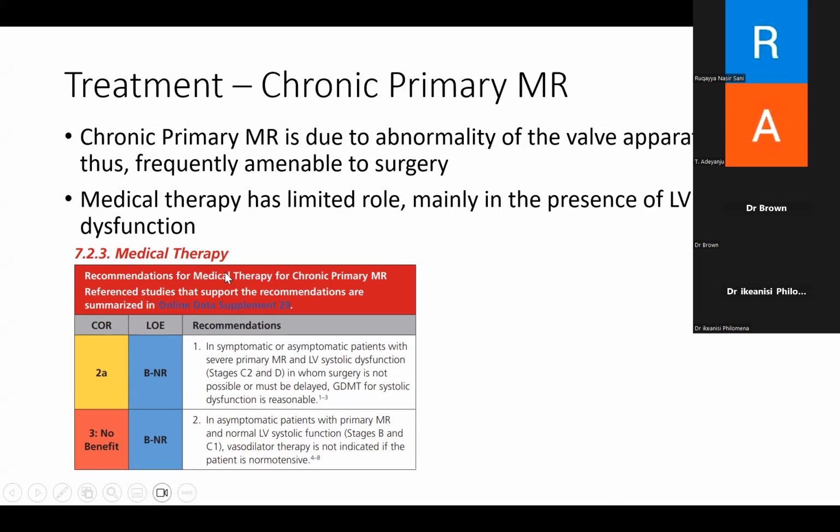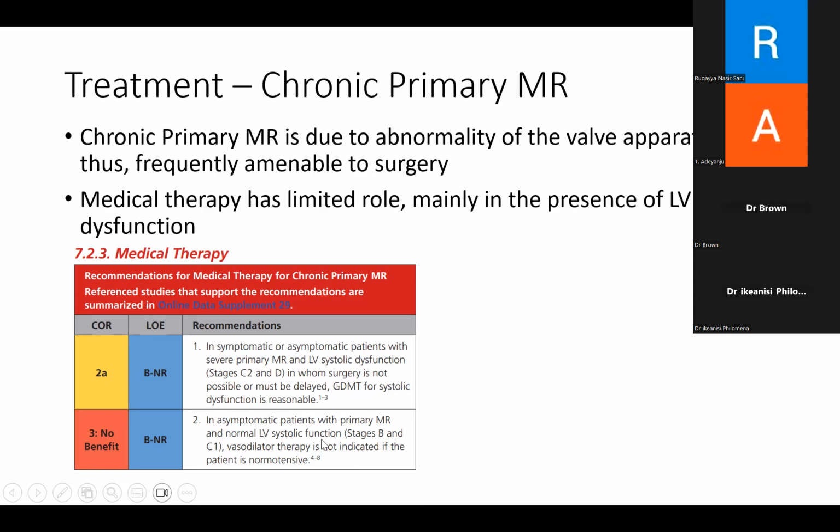So these are the recommendations from the ACC, AHA, and medical treatment does not even have any class 1 recommendation. But class 2A, meaning we should consider giving, if they have systolic dysfunction, we can give GDMT. But if they do not have systolic dysfunction and they do not have hypertension, they are normotensive, there's no point giving vasodilator therapy.